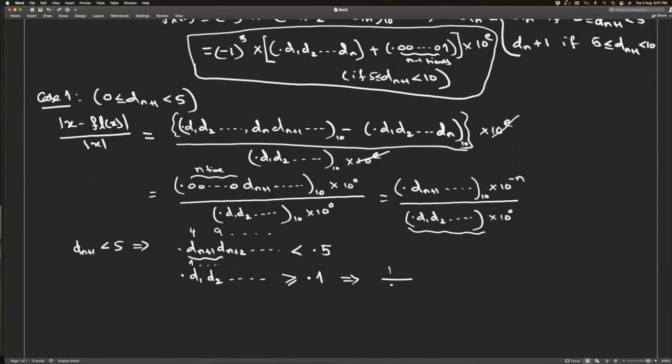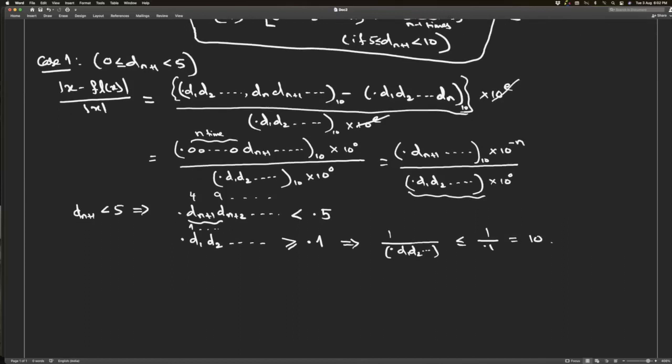And that is going to be 0.d1 d2 and so on is going to be less than or equal to 1 by 0.1, and that can be written as 10, right? So putting these two inequalities in the above expression, we get |x minus fl(x)| divided by |x| is going to be less than or equal to, the numerator is 0.5 into 10 to the power of minus n, and this term is less than or equal to 10.